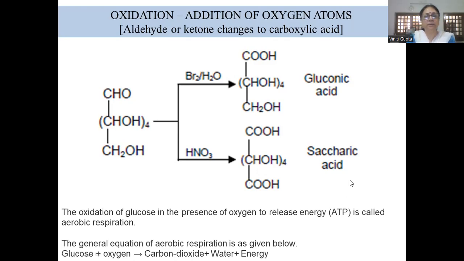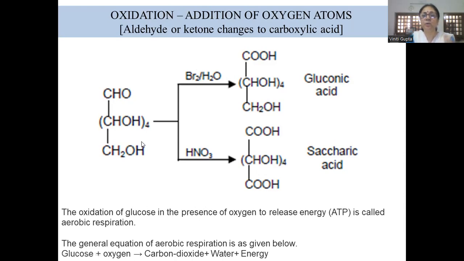And here, again, we remember that when this oxidation of glucose occurs in the body, energy is released in form of ATP, which is adenosine triphosphate. And that is oxidation in presence of oxygen. Here we are not having oxygen. Here it is nitric acid or bromine water.